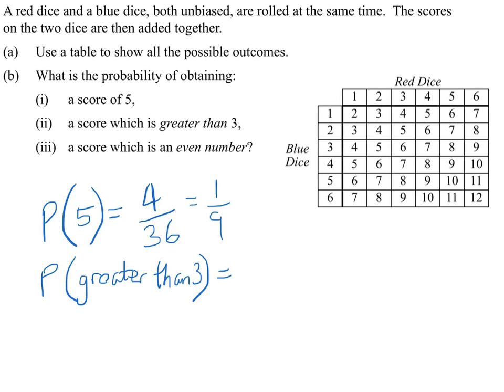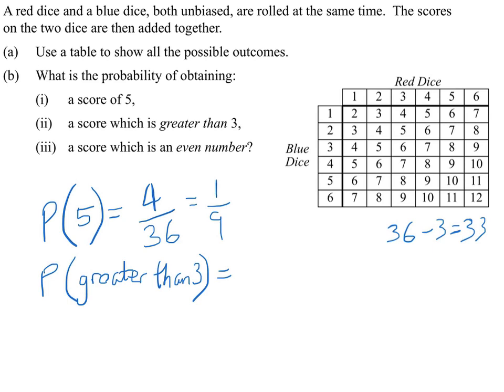or if you want to be a little bit clever with it, we know there are 36 possibilities there, so for it to be greater than 3, we can think, well, here are 3 less than, okay, so we can subtract the 3 from 36 to get our 33.